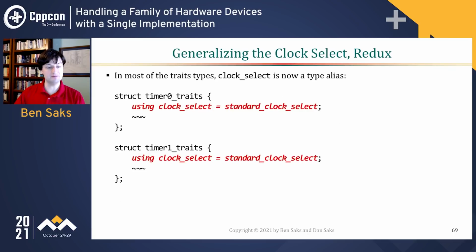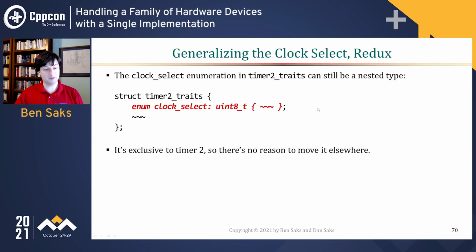And now when you look at most of the traits types, clock select will, instead of being a complete enumeration type defined in there, be a type alias for a type, in most cases standard clock select. Timer 0's clock select options are still unique to timer 0. We can just define the enumeration type in there. There's no reason to move those specific details elsewhere.